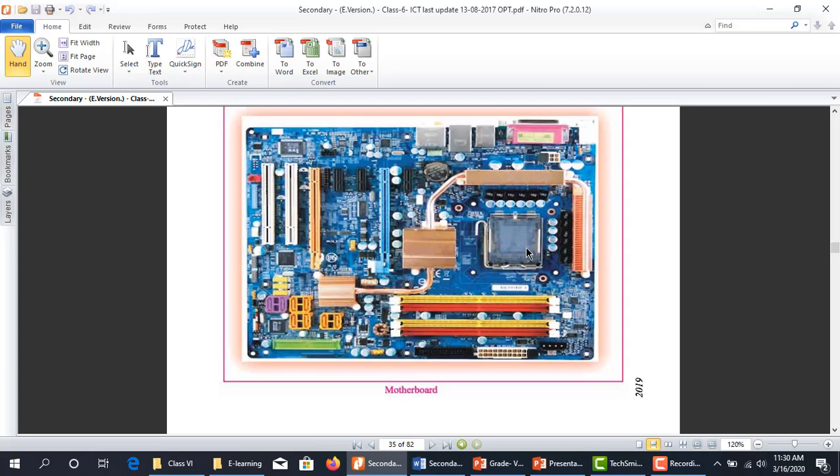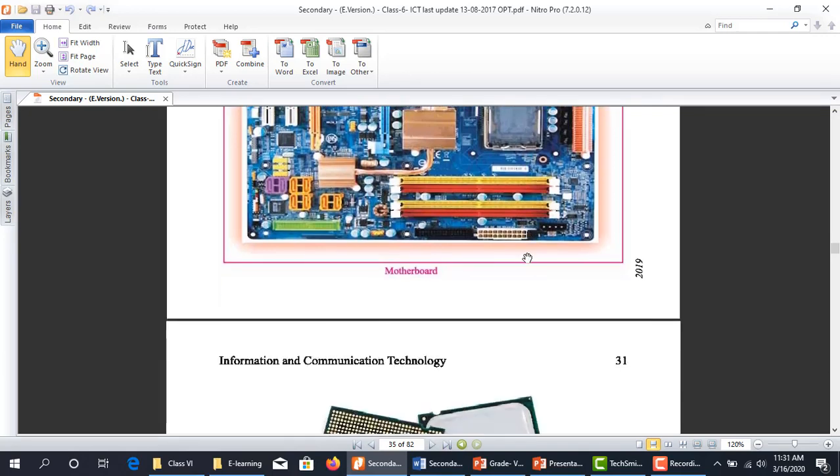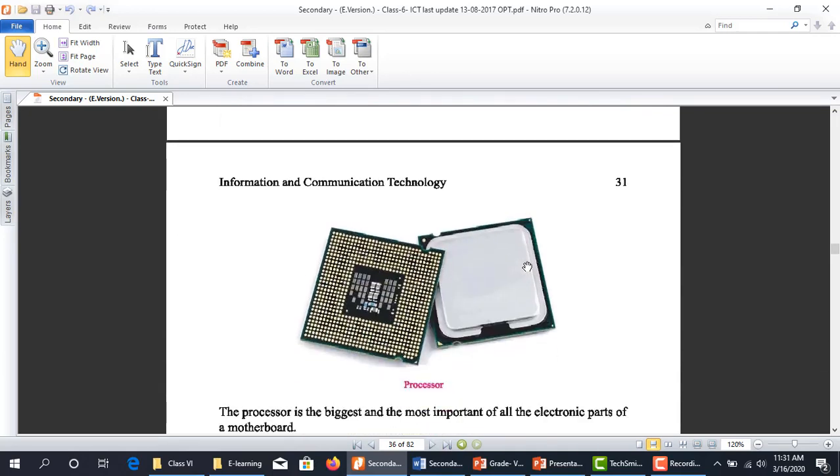In the same way, when the processor works, it becomes hot. For this reason, it needs a cold environment. So the fan is connected with the processor, and it cools it down when it works.